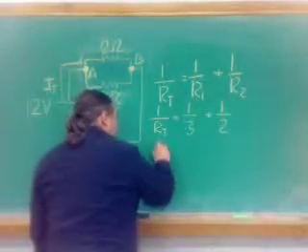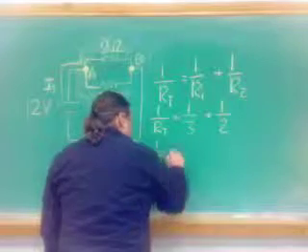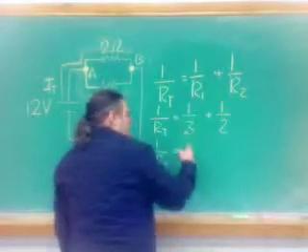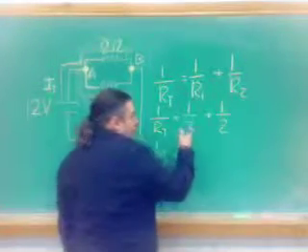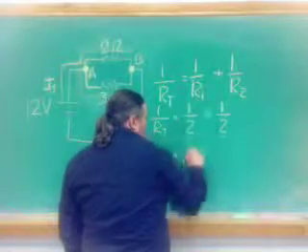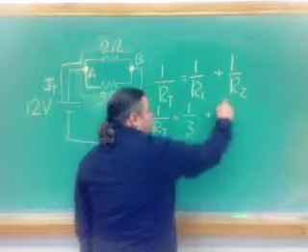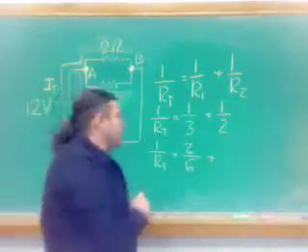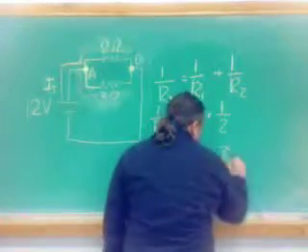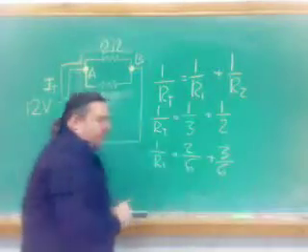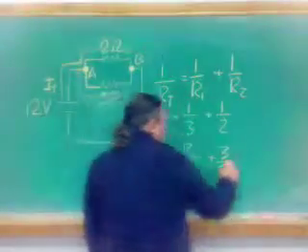So I'm left with a third, converted into 6, multiply both by 2, I get 2/6 plus, doing the same here, half is going to be 3/6.